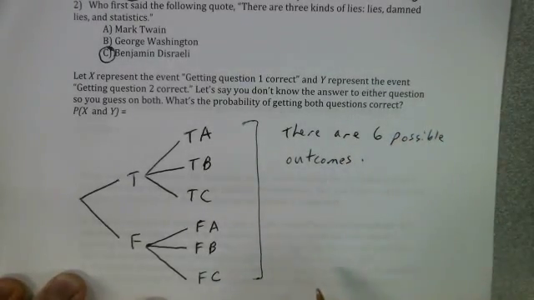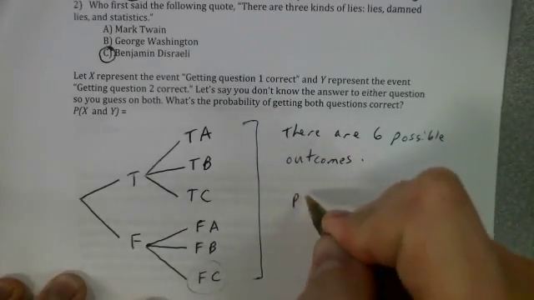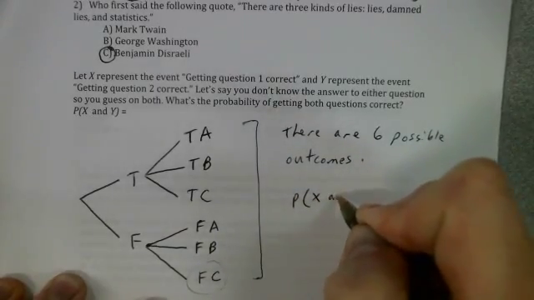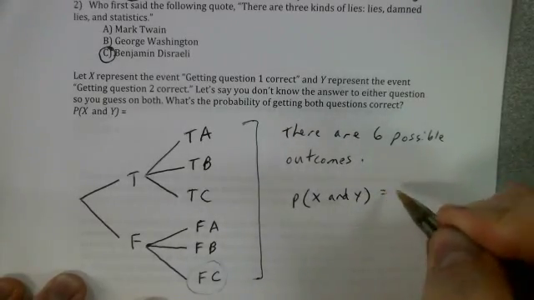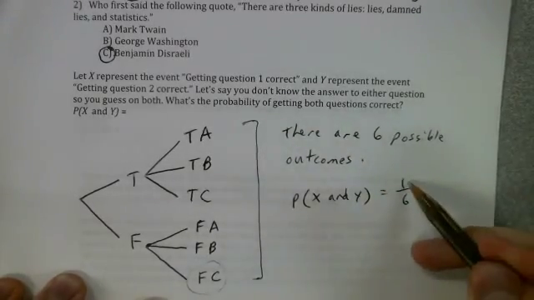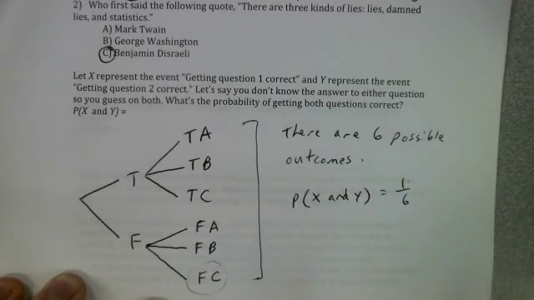One is a winning outcome, or in other words, one is a desired outcome. So the probability of guessing correctly on both questions, the probability of X and Y, is 1 out of 6. There's one way for success out of 6 possible things that could happen.